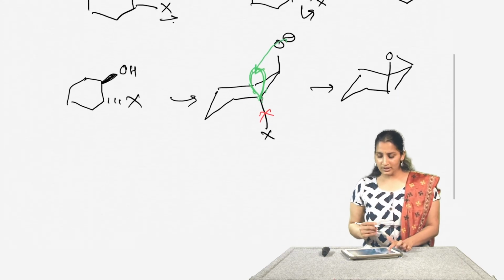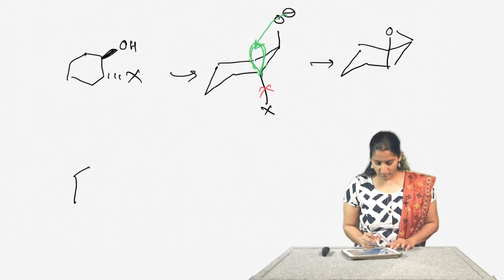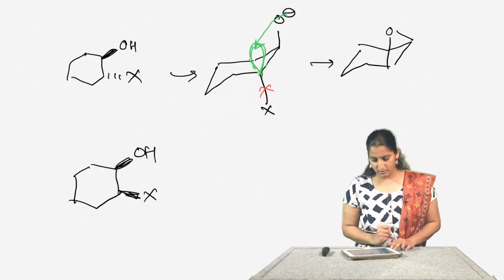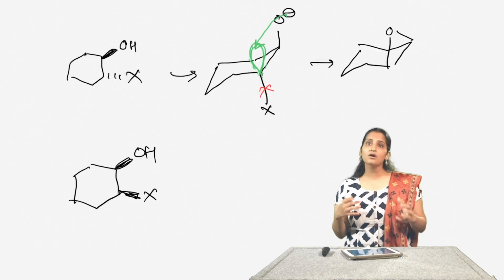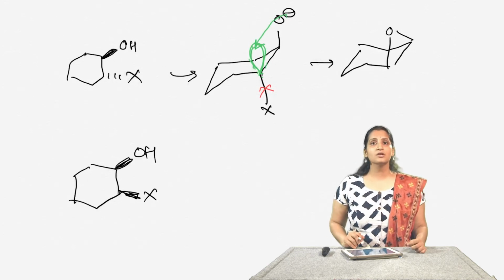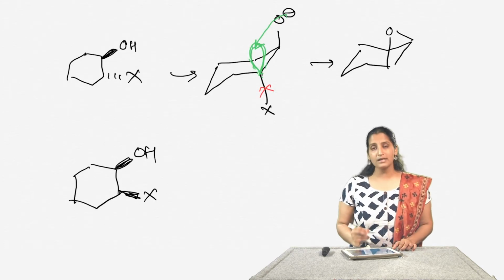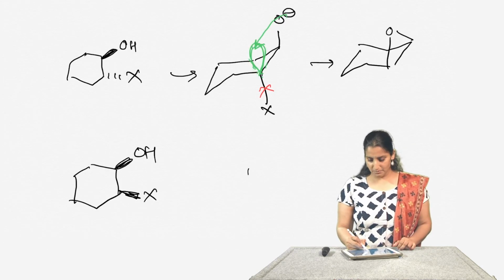If I try doing this reaction with a cis halohydrin, something like this, where both the oxygen as well as the halogen are going in the same direction, I can never have a conformation like this. The two conformations that are possible are somewhat like this.